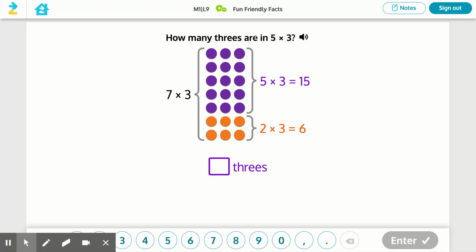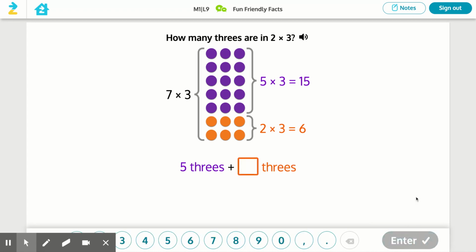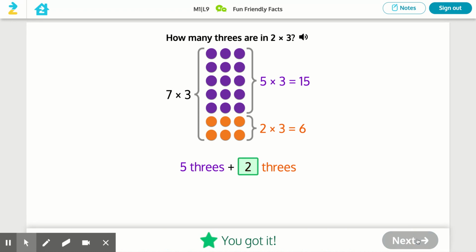There are 1, 2, 3, 4, 5 threes in 5 times 3. Well, how many threes are there in 2 times 3? Answer in your Nearpod. There are 2 sets of 3 in 2 times 3.